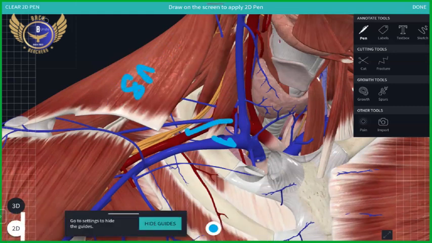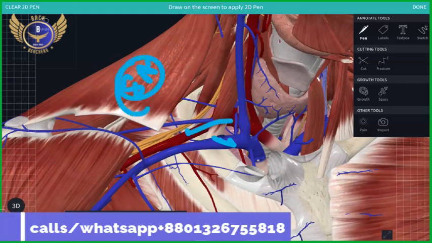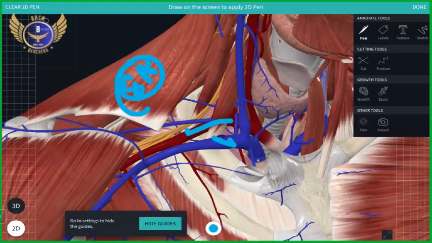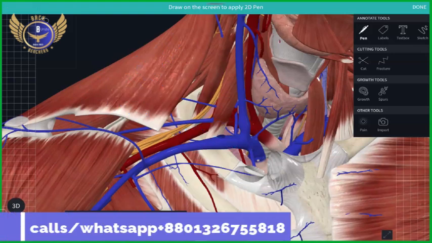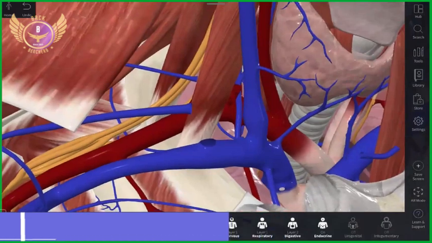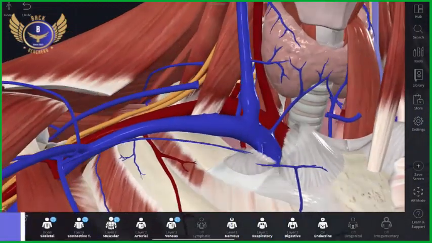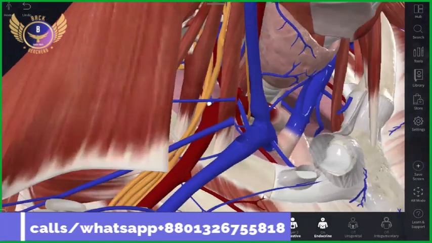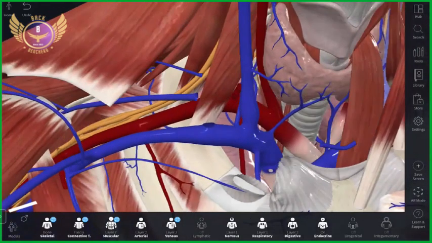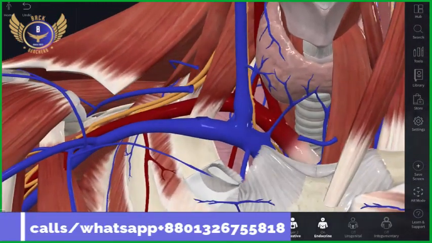Subclavian artery. Very simple. Now, in between these two, we have scalenus anterior. Watch very closely and very carefully.